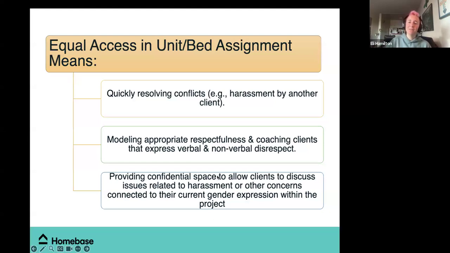And then be prepared to actively coach other clients who are being disrespectful, who are creating an unsafe environment, or who are just asking genuine, honest questions that can be answered, but probably shouldn't be addressed with the LGBTQIA+ person in the room, right? There can be a valid question that is not bad per se, but that makes other people feel uncomfortable.